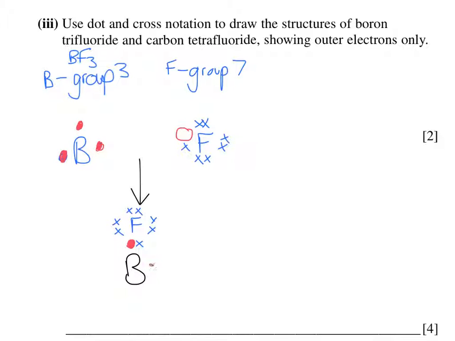And then we have 2 more electrons of boron, which will do exactly the same. So you can see there's 1 shared pair of electrons between each of the boron and the fluorine, and so we'll have 3 covalent bonds there.